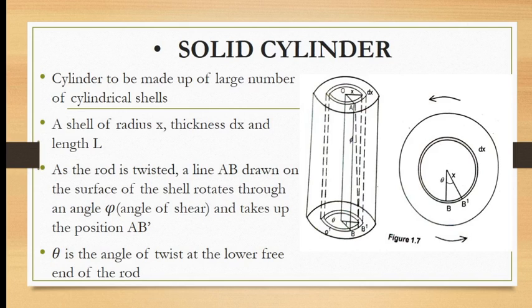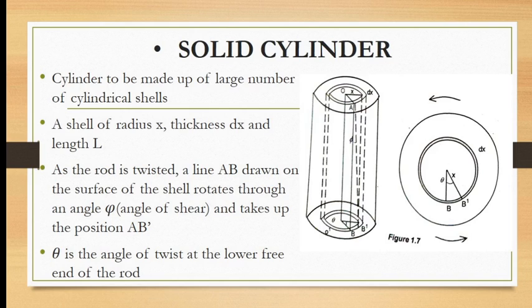We know that the cross section is a circle, isn't it? But we are considering it along its length. So we are only considering such a shell having a radius x and thickness dx, and we are drawing a line AB on the surface of that shell. Now what happens to AB after giving a twisting couple on the lower end?